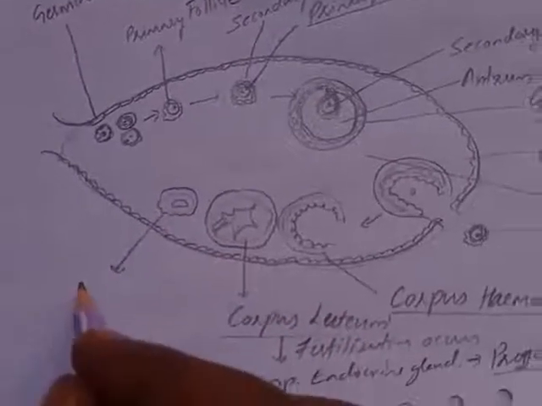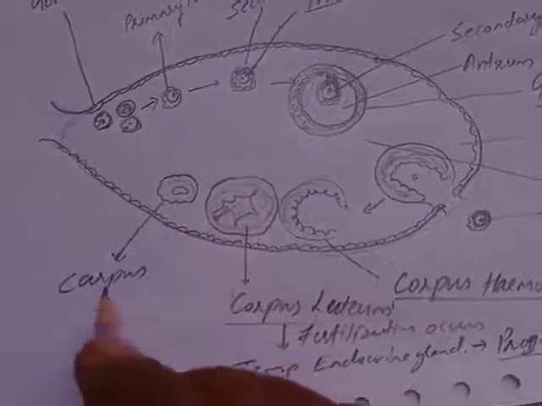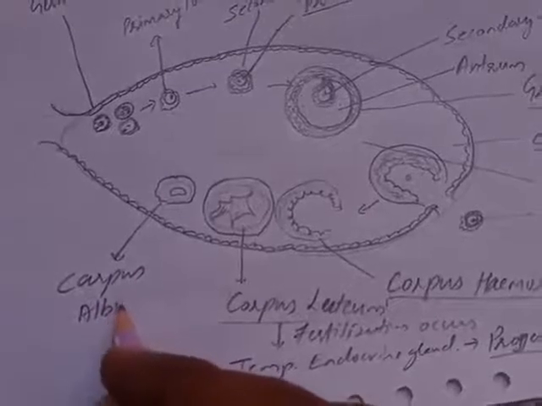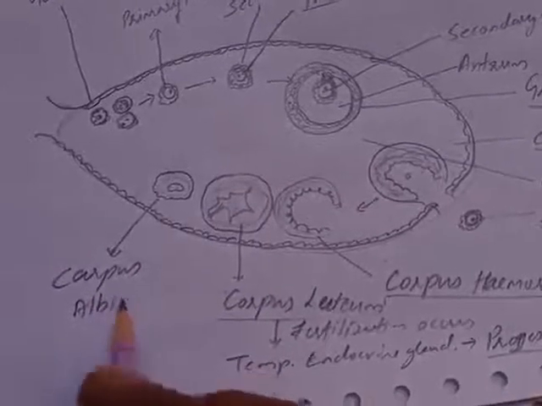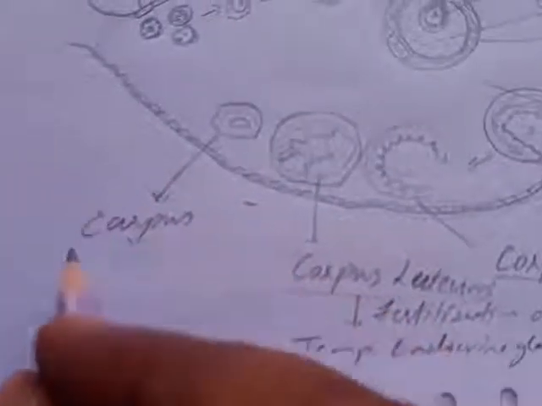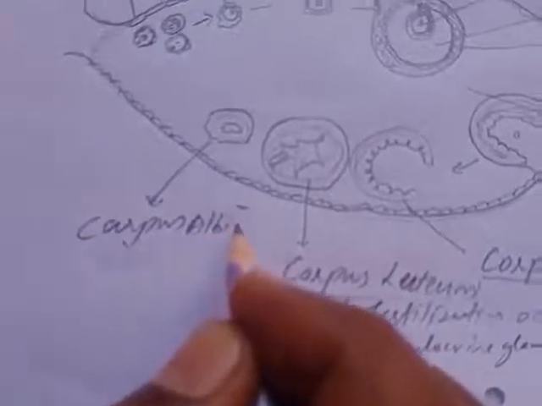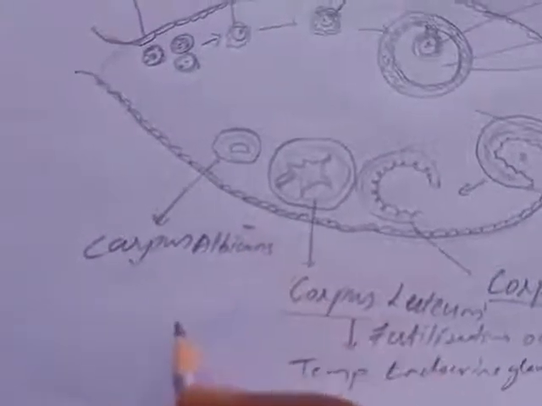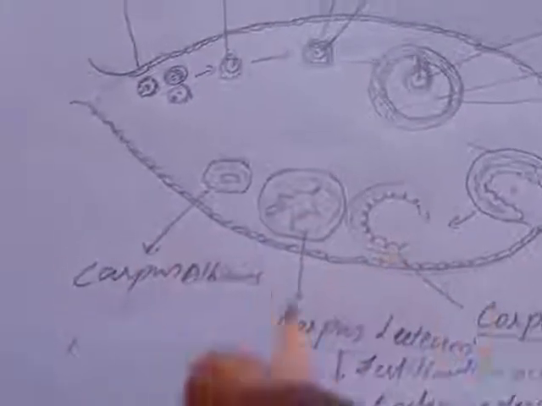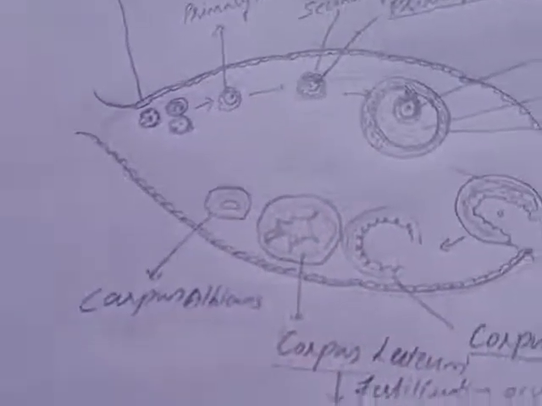That structure is called corpus albicans. This structure degenerates and disappears if fertilization does not occur.